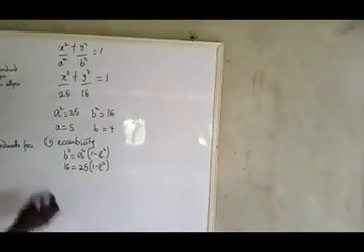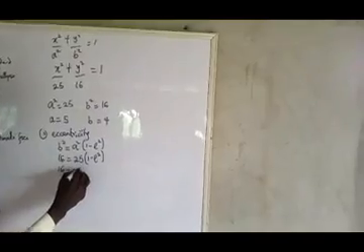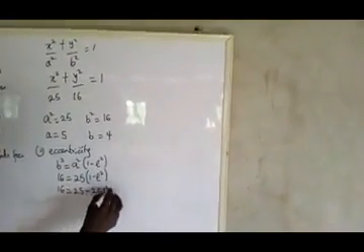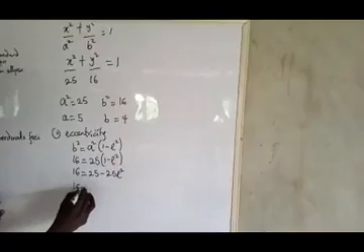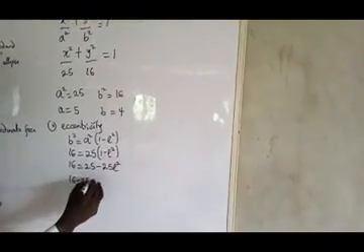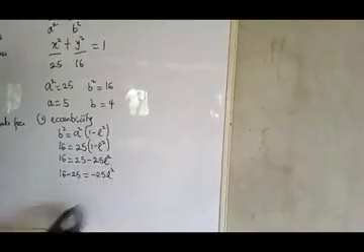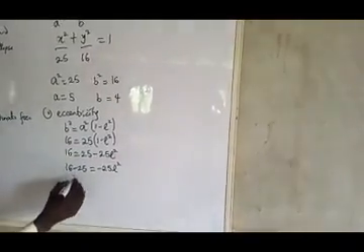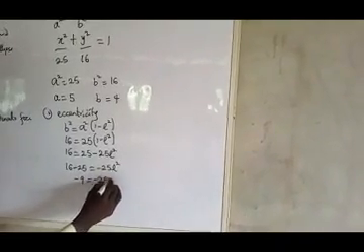So let's open this bracket: 16 equals 25 minus 25 E squared. So this will now be 16 minus 25 equals minus 25 E squared, and 16 minus 25 will give us minus 9 equals minus 25 E squared.